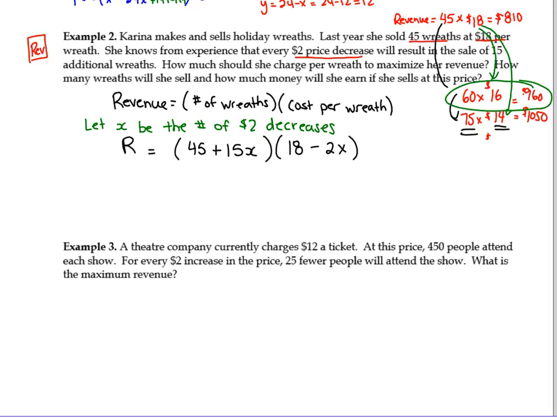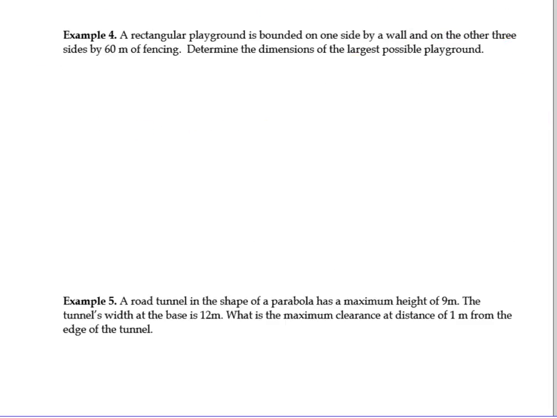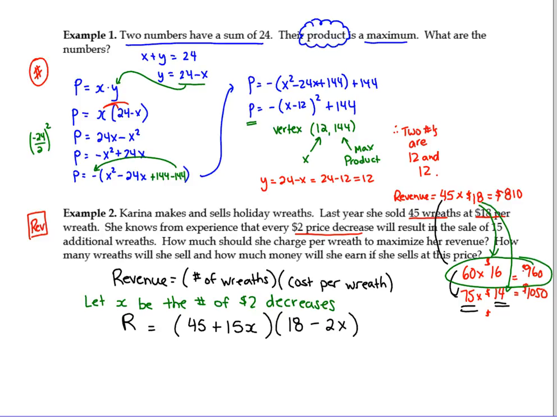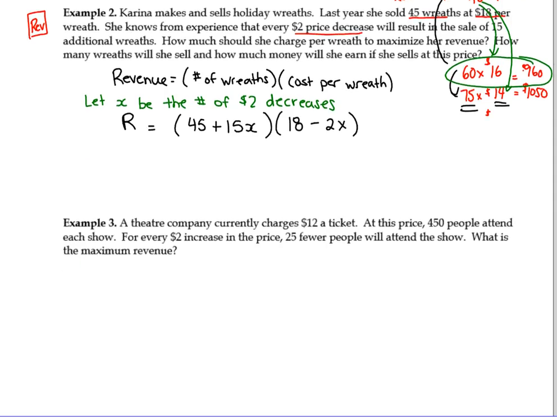X in a revenue problem will always be the number of X dollars increases or decreases, depending on the question. Okay? So, I did not give us enough room. We need to expand this. And how are we going to expand it? Our good friend, FOIL.